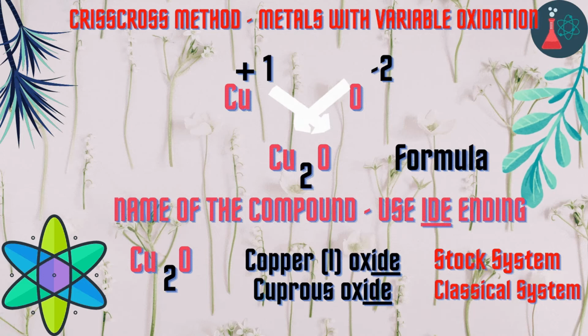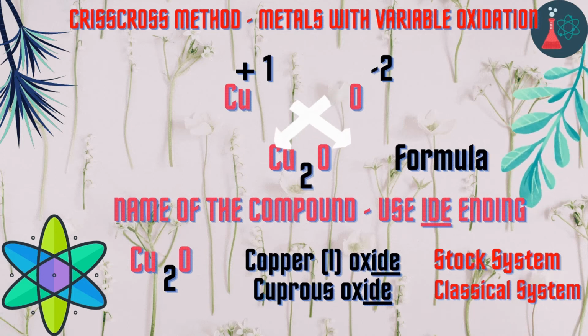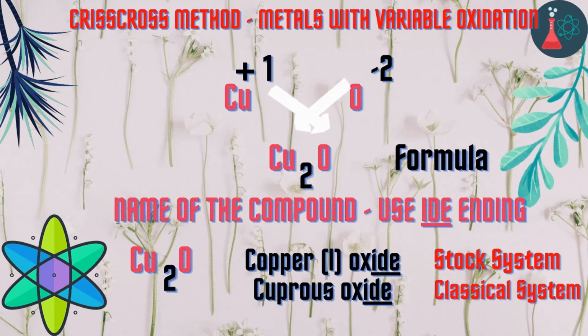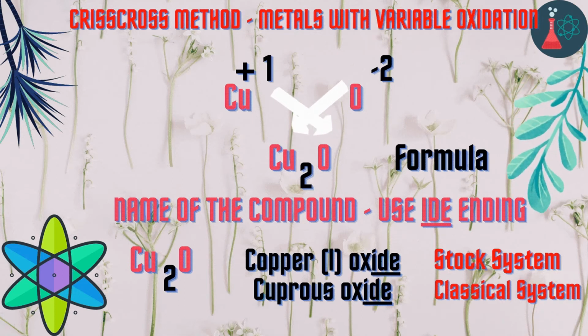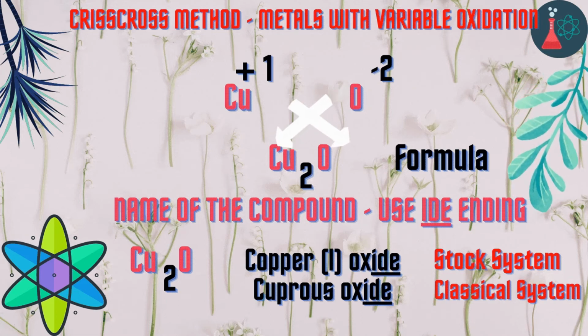Now how about if you want to use the classical system? If you're going to use the classical system, you're going to use the Latin word of copper, which is cuprum.